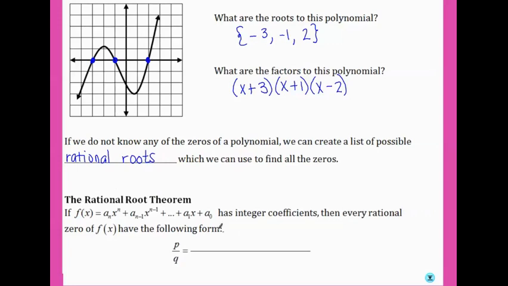So the way that we find the possible rational roots, and that's the key word, possible, we're going to have more possibilities than actual answers, is by taking the factors of the constant and divide them all by all the factors of the leading coefficient.